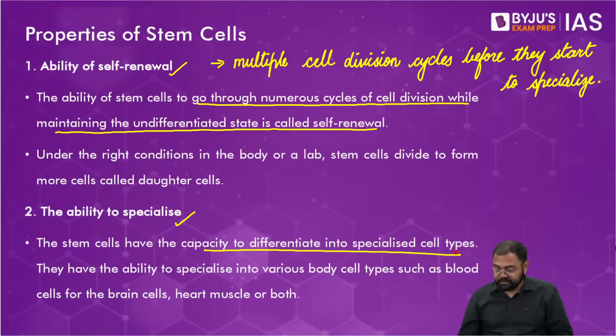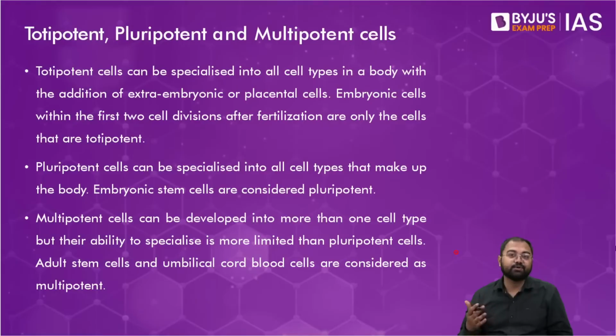So first and foremost, we'll try to understand where exactly we get them from, and based on that we see that there are multiple different types of stem cells. So we have three types of stem cells called totipotent cells, pluripotent cells, and multipotent cells. Right? Totipotent, pluripotent, and multipotent. Now, what is totipotent?